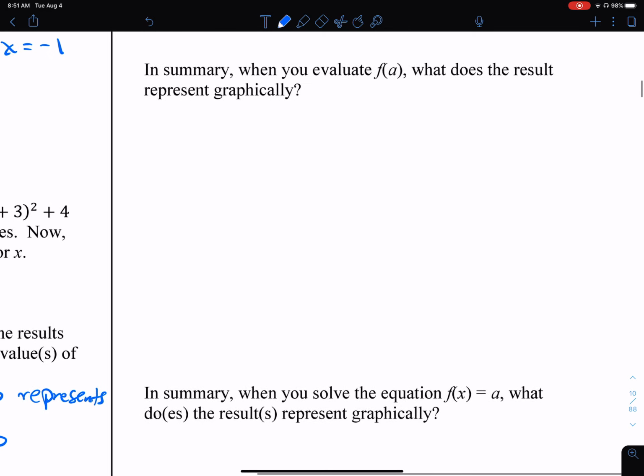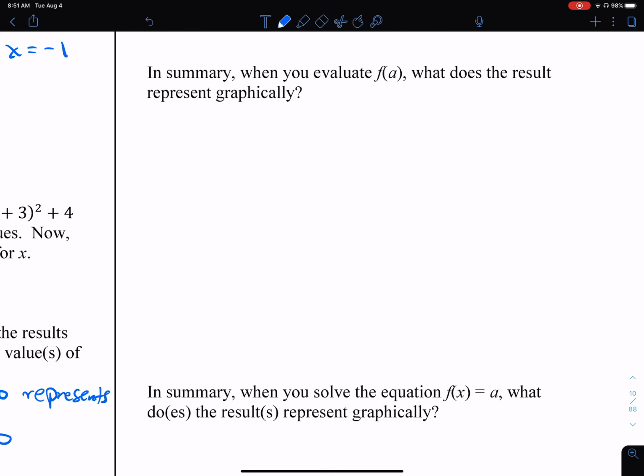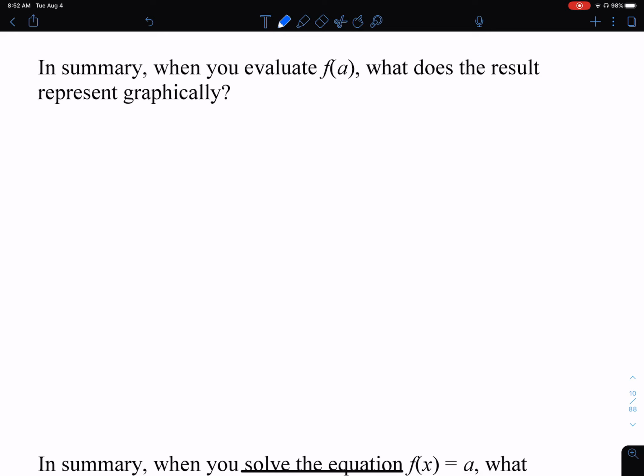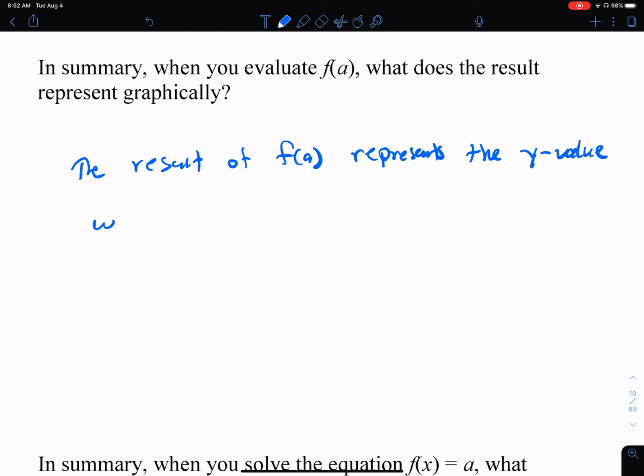In summary, when you evaluate f of a, what does the result represent graphically? The result of f of a represents the y value when x equals a.